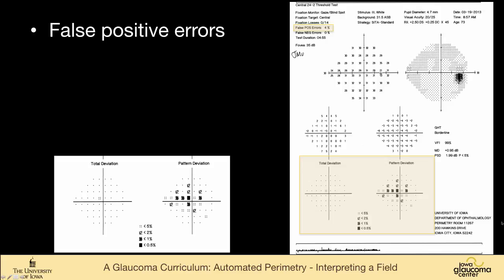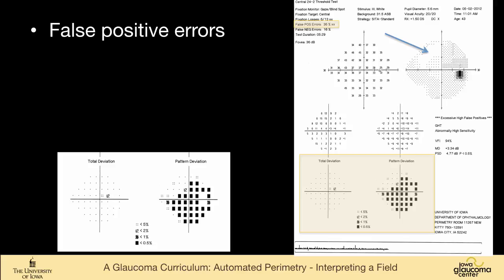This person is normal, and yet there are points that are abnormal compared to the neighboring points. We'll talk about this in perhaps exhausting detail, but when you see this disconnect where the total deviation is normal and the pattern deviation is abnormal, you should think about false positivity.